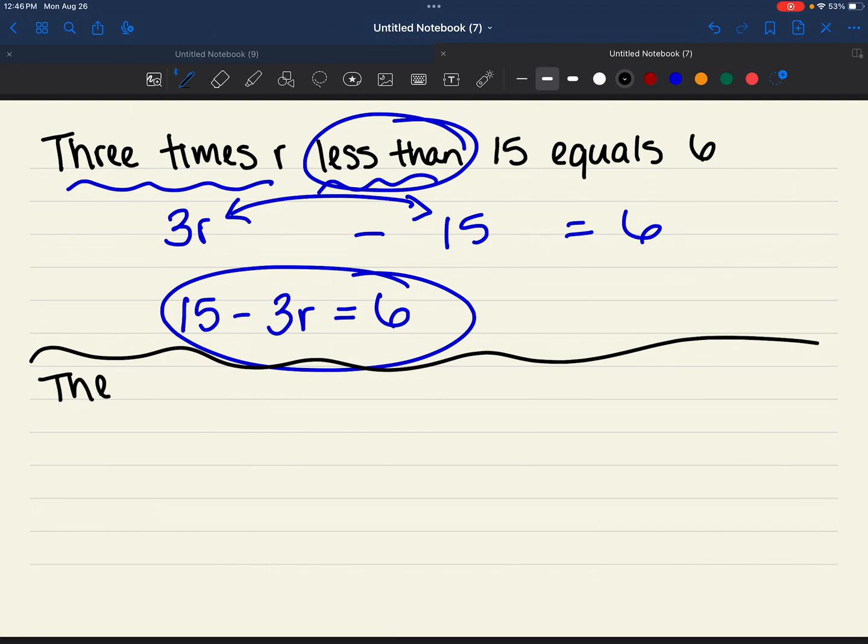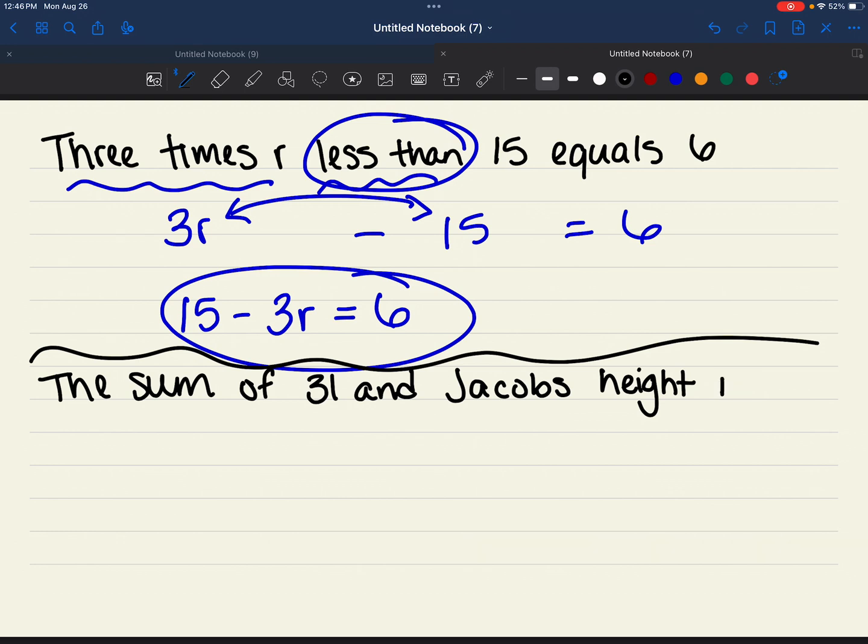All right. Number 2. We're going to do the sum of 31 and Jacob's height is 57. Okay.